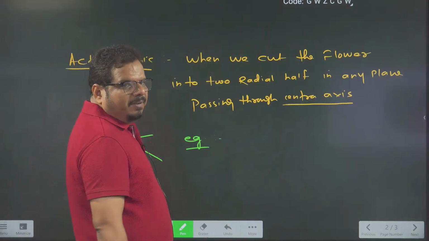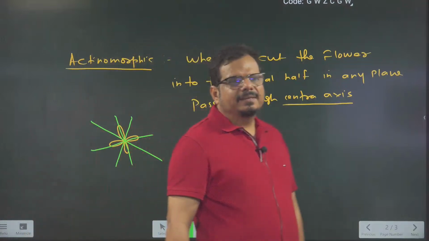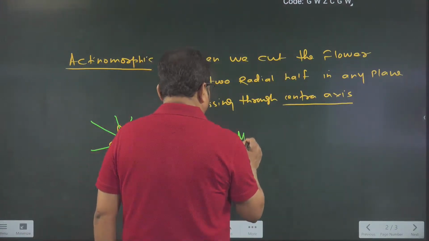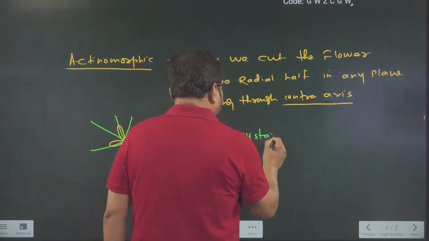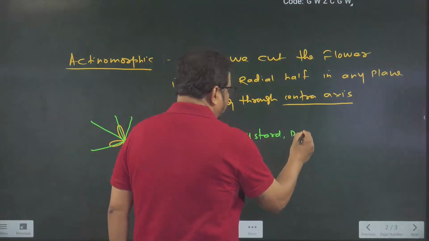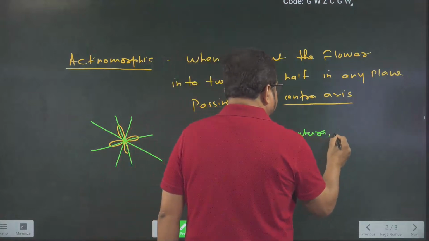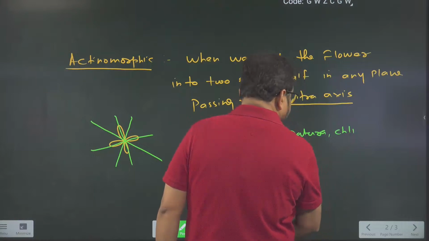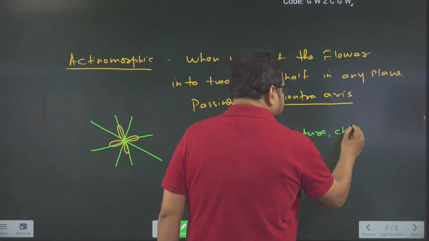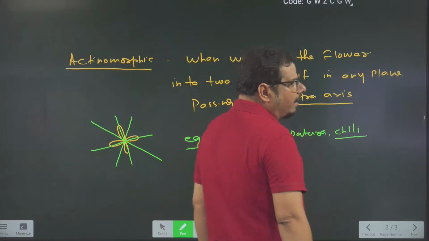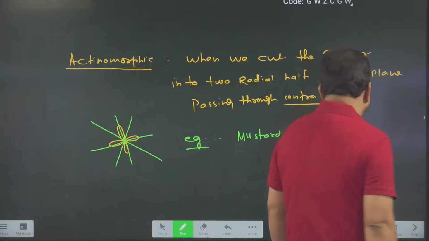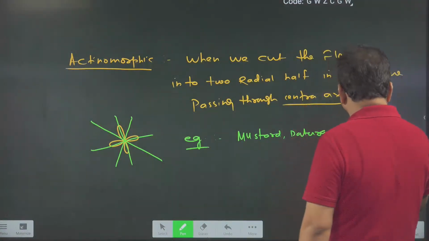Very good. Mustard, dhatura and chili. Mustard, dhatura and chili is the example of which one? Actinomorphic flower.